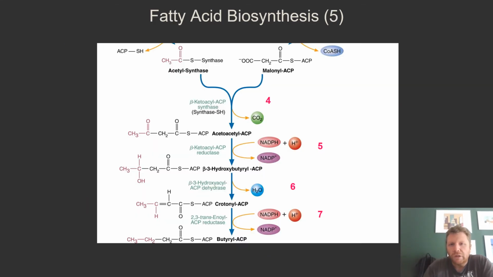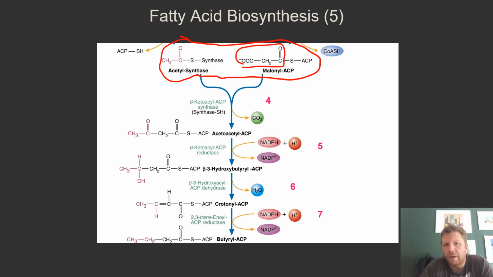Now, what we just described started with acetyl synthase and malonyl ACP. So our carbons from our malonyl CoA are now on the acyl carrier protein. Acetyl synthase is going to allow us to use the enzyme beta-ketoacyl ACP synthase to produce acetoacetyl ACP and decarboxylate this.